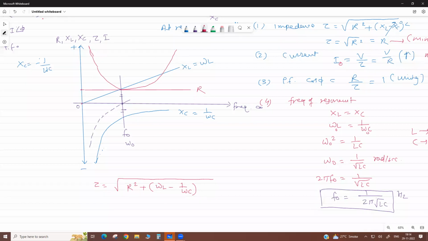Actually, your impedance varies like this way.